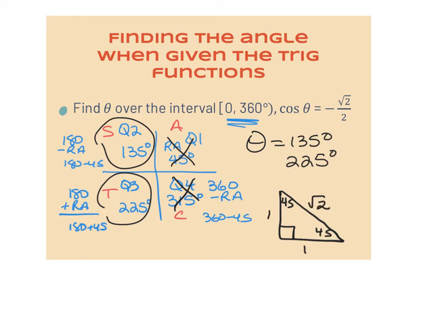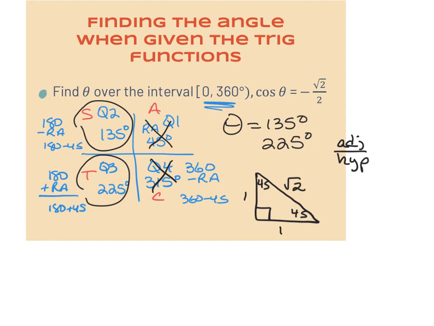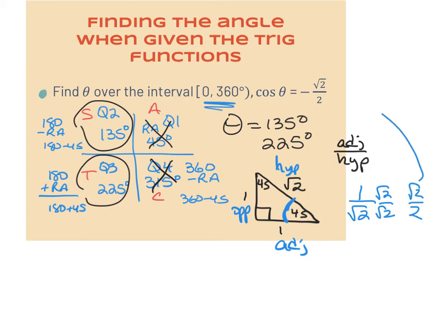Remember, cosine is adjacent over hypotenuse. So if I base it off of this 45, this is adjacent, this is opposite, this is hypotenuse. So adjacent, 1 over the square root of 2, rationalize it. Root 2 over 2, that's how I got to my answer.